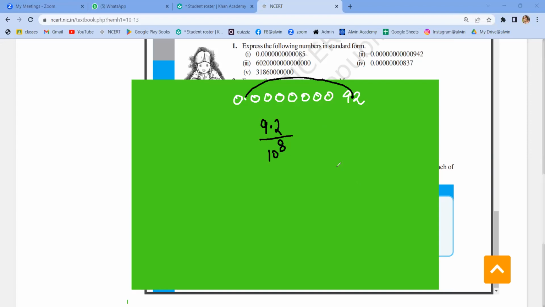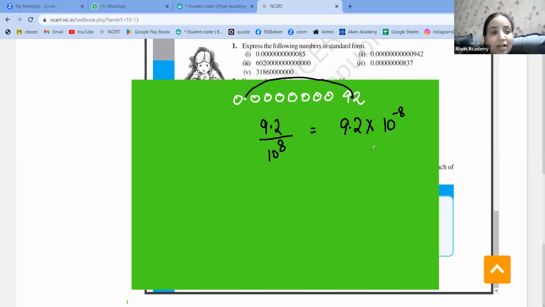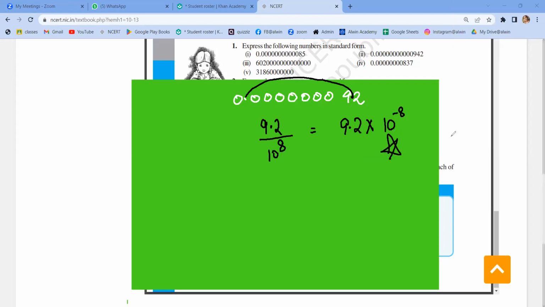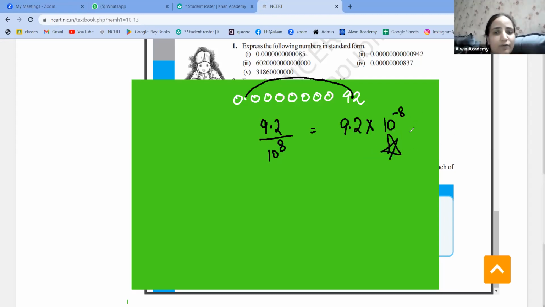And ma'am, equals 9.2 into 10 to the power minus 8. Right, absolutely correct. This is the correct way of doing it.